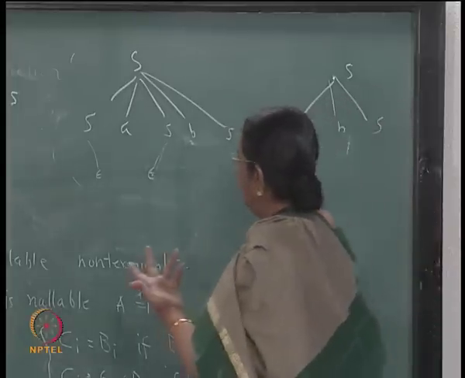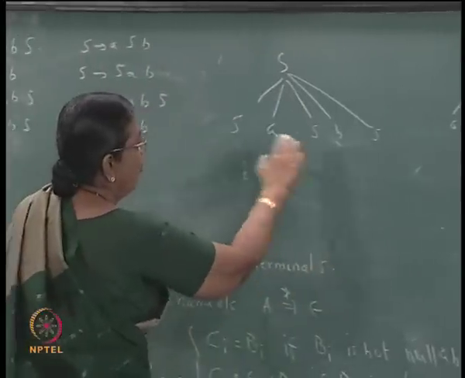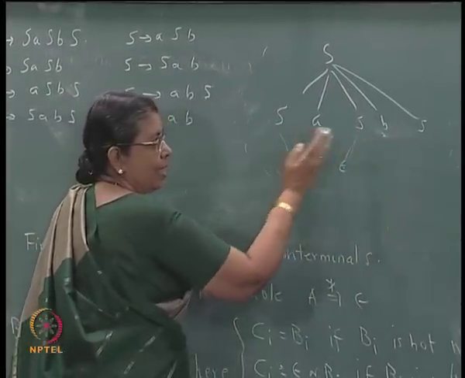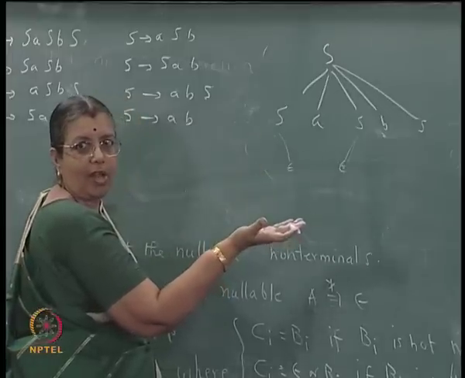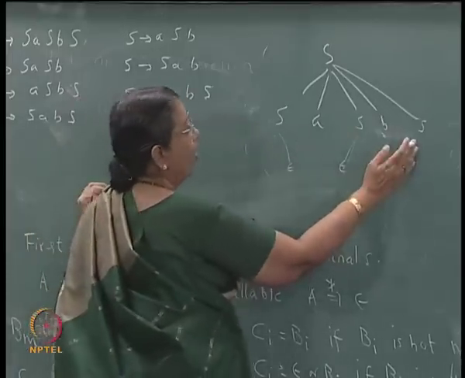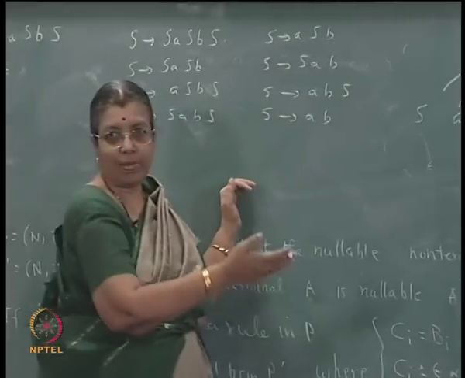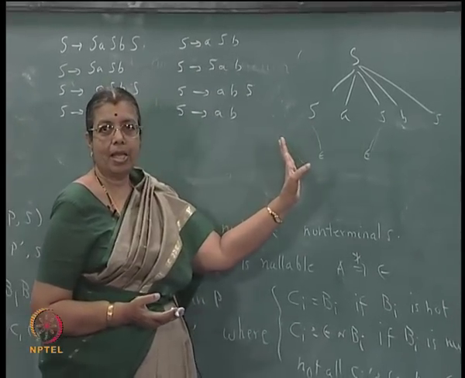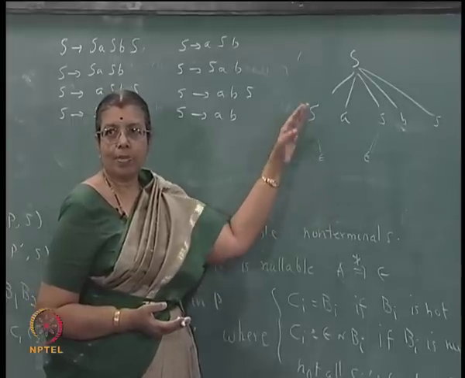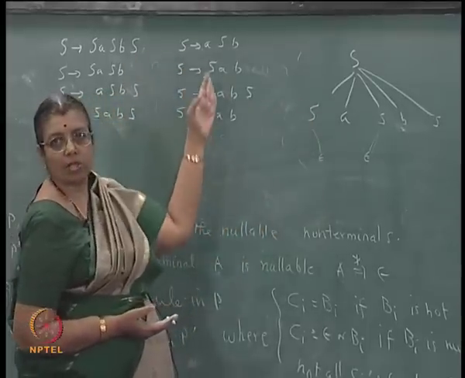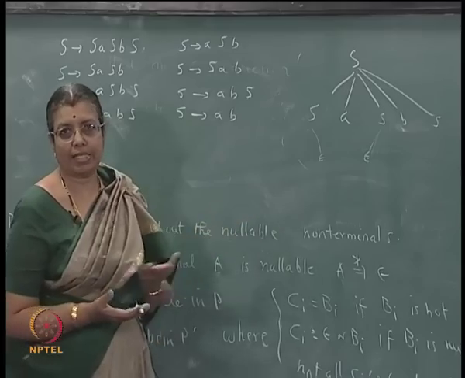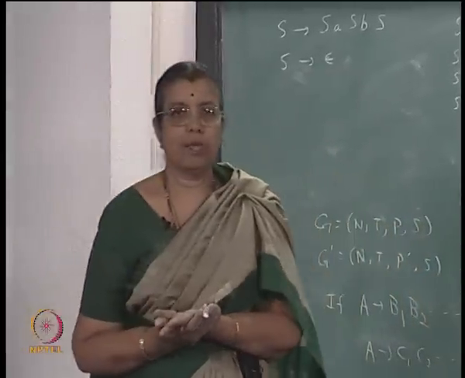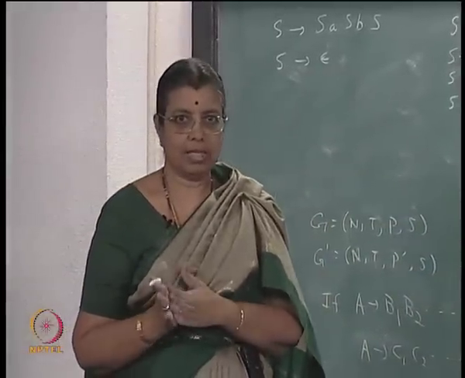So, all possibilities: once you apply this rule, in the next rule you may use epsilon in these 3 places, or you may not use it at all. If you do not use it at all, you use this rule, again you will get the same thing. But if you use epsilon in 1 or 2 places, instead of doing it in 2 steps like that, you could have used one of these rules. So, the effect is the same. The language generated is the same, you are not changing this.